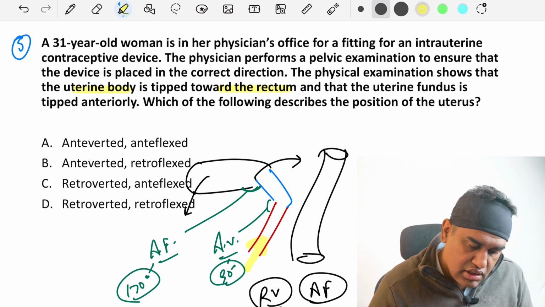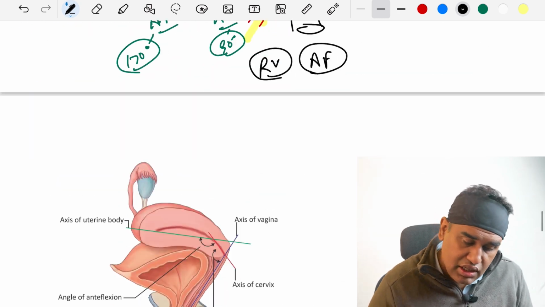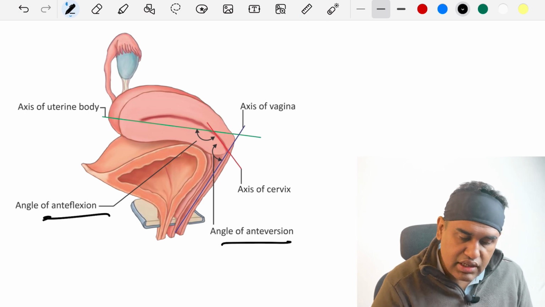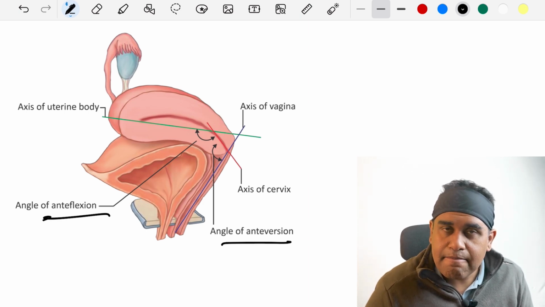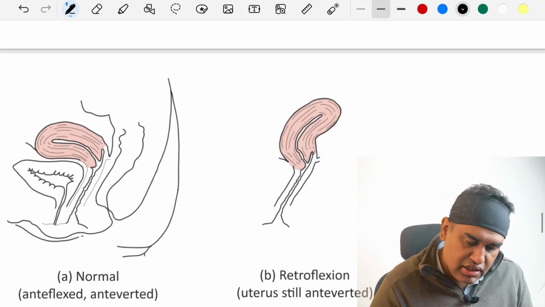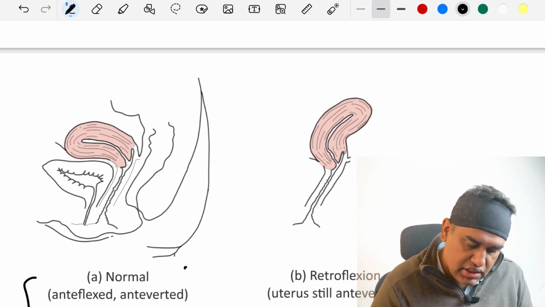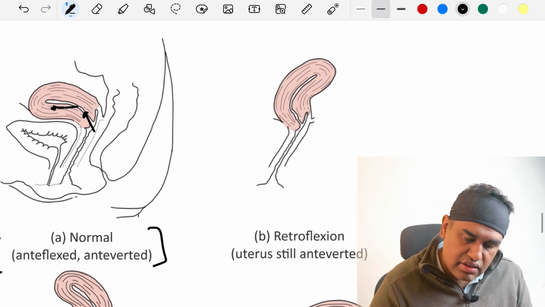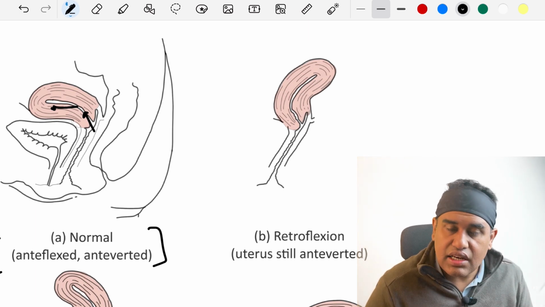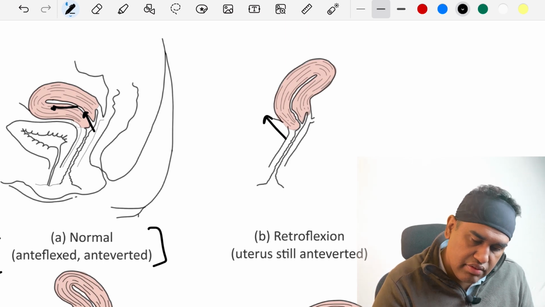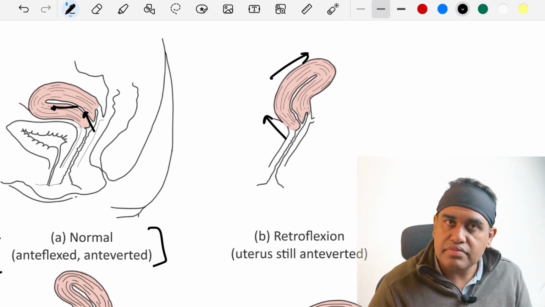If you look at the options, option C will be the best answer for this question. If you look at this image, the angle of anteversion and the angle of anteflexion is what I already told you. In front lies the bladder, behind lies the rectum. This is the normal thing, anteversion, anteflexion, both tipped anteriorly. This is retroflexion. The uterus is still anteverted, so there is anteversion but there is retroflexion.